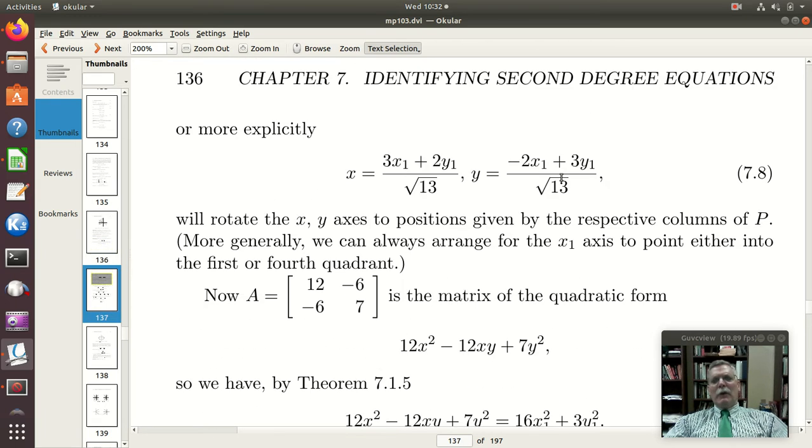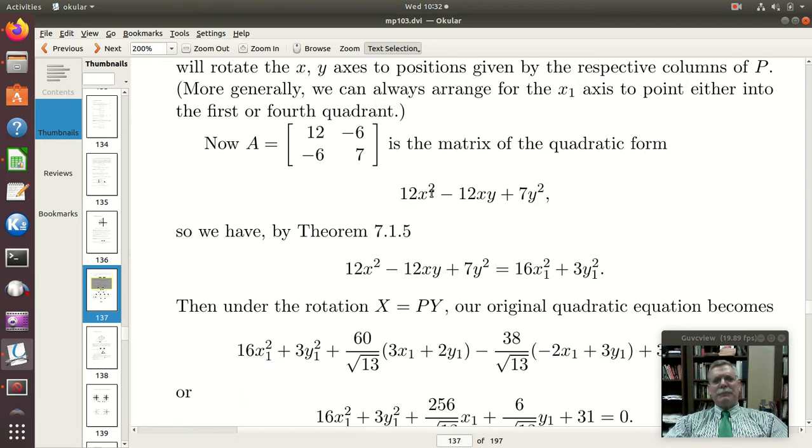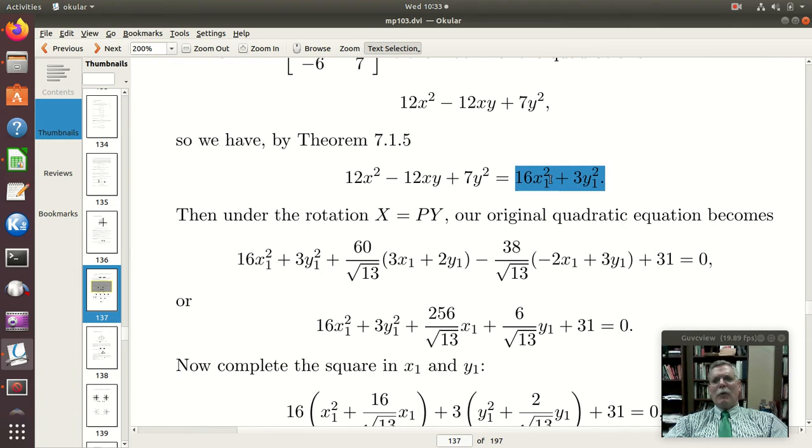And so when we do that and we substitute in, what should happen, and does if you go through the algebra, is it simply changes us to a non-rotated quadratic form. So we don't have that xy term in there. And you see we just got our eigenvalue 16, eigenvalue 3, and we have our plus here because both eigenvalues were positive.